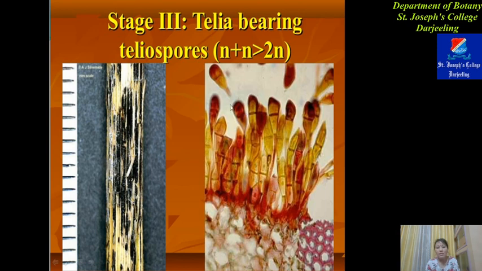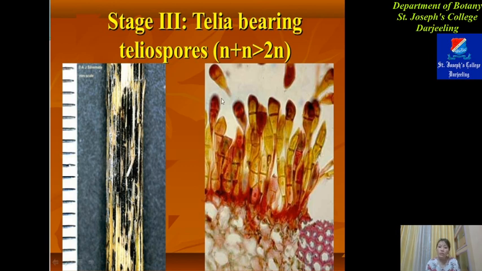You can see a two-celled dikaryotic structure. During the infection of the teliospores, the symptoms on the primary host, wheat, look blackish in appearance.